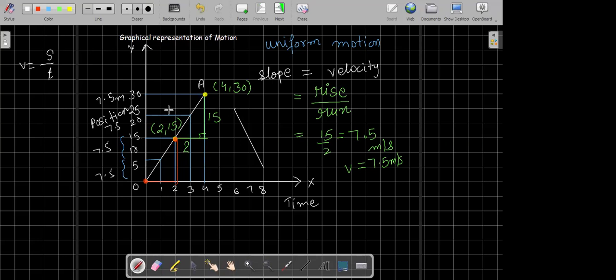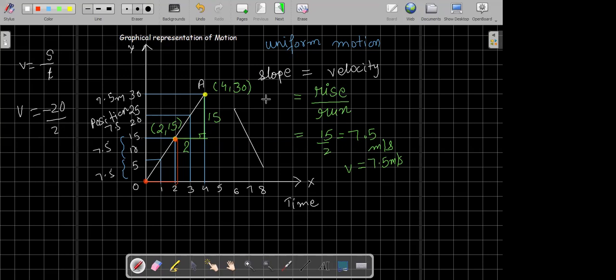See, initially the position was 25, then the position became 5. So the displacement will be final position minus initial position, which is 5 minus 25, that is negative 20. So if you find velocity here, the velocity will be negative 20 over 2.